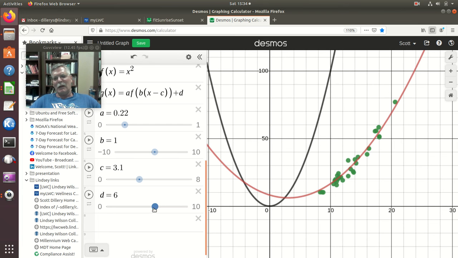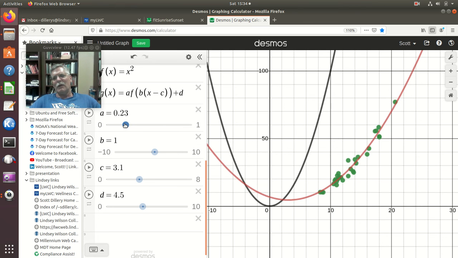If I don't like it, I can bring it back down a little bit so that that's about right on, but now that seems a little too high, but I can adjust that simply by bringing that back in.